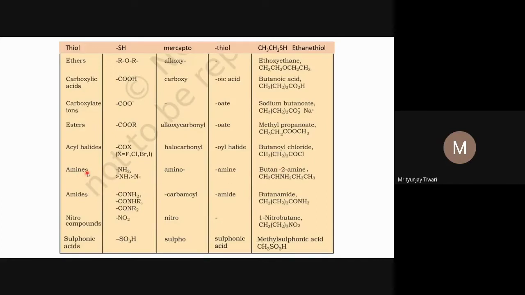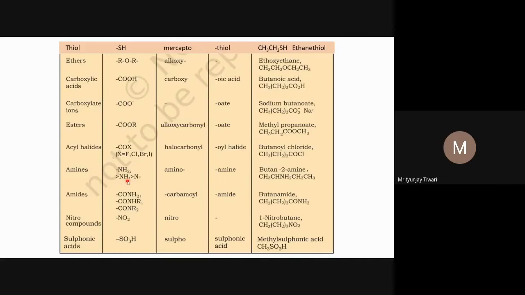Now let's see the amines. We know amines could be primary, secondary, or tertiary. Primary is when one hydrogen of ammonia is replaced with one alkyl group. If two hydrogens of ammonia are replaced with two different alkyl groups or the same alkyl group, then it is a secondary amine.